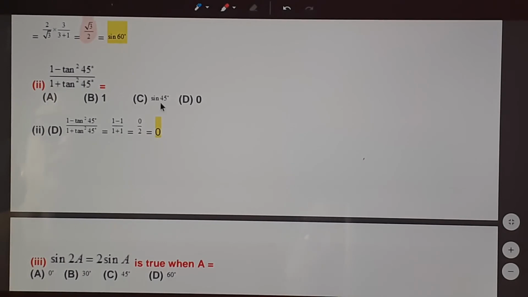Here it will be sine 90 degree. So the options are 1, sine 45 and your last one, that is 0. So which option is correct? You can see this option is correct.